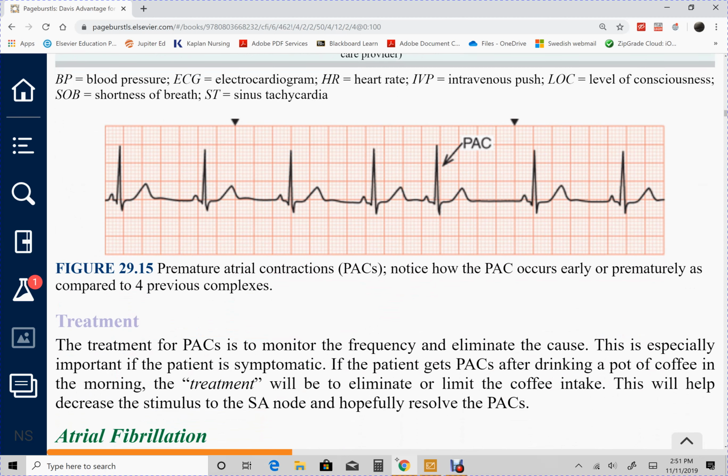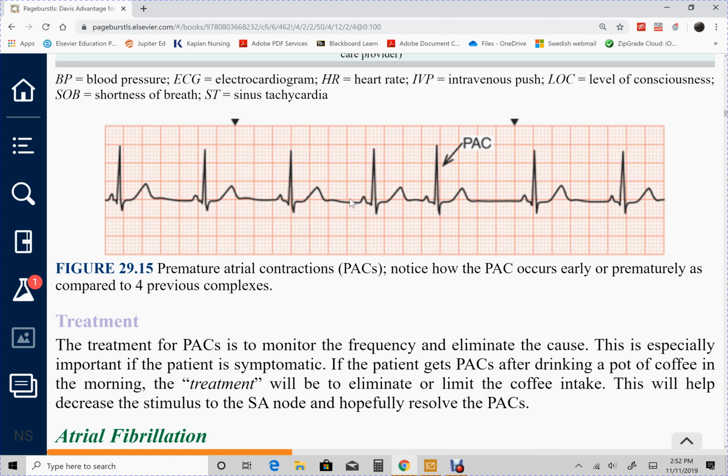Here's the picture of your PAC. If you grab your poor man's caliper, the piece of paper, and measure this P to this P, and then this P to this P, these are all regular.